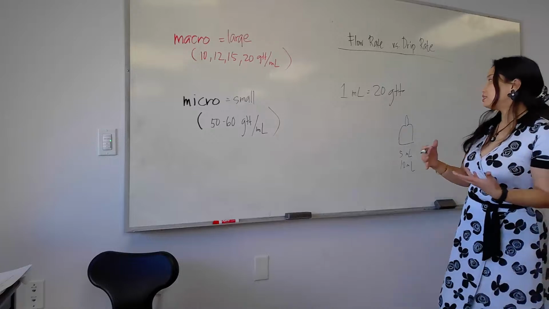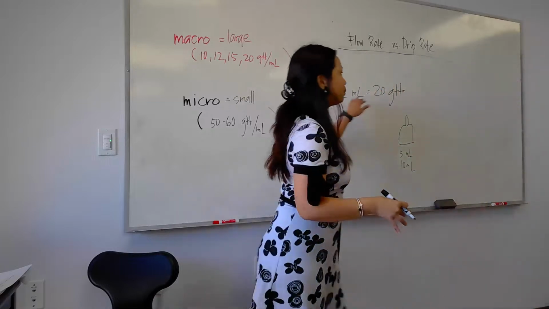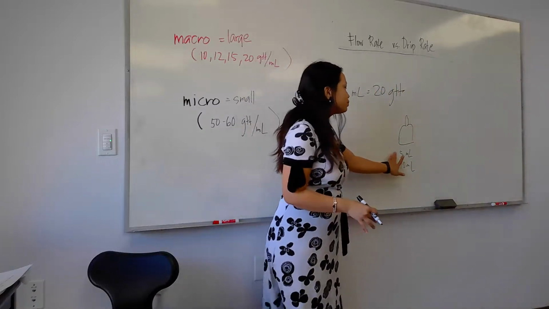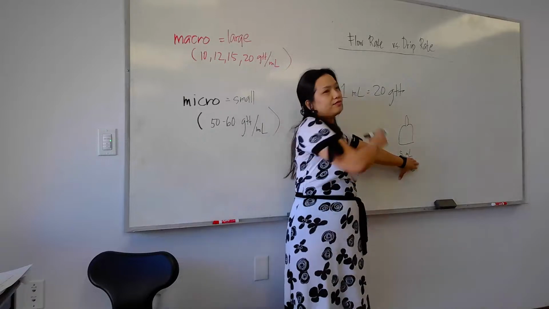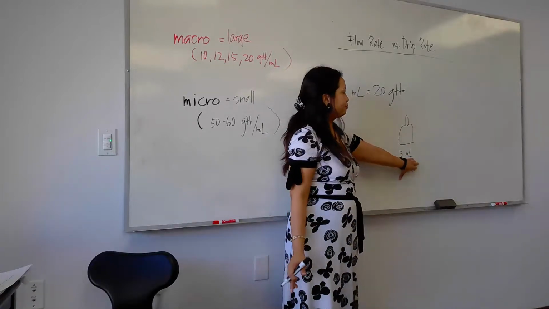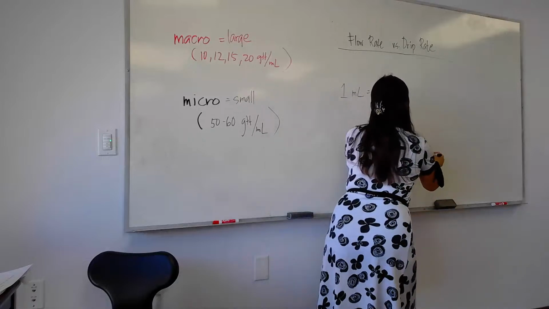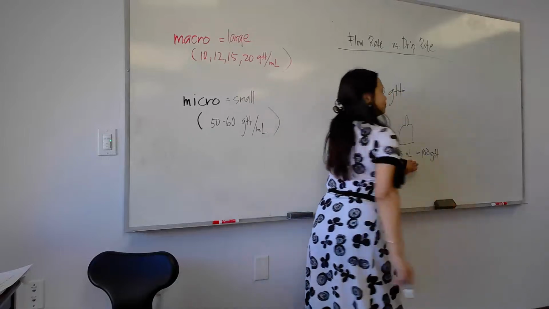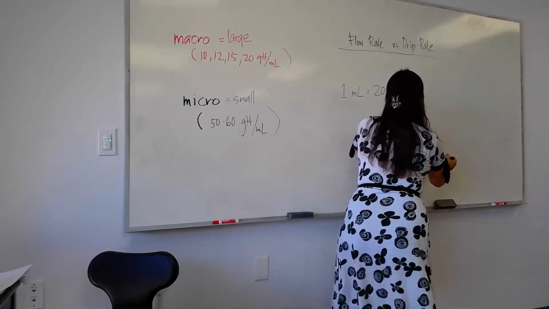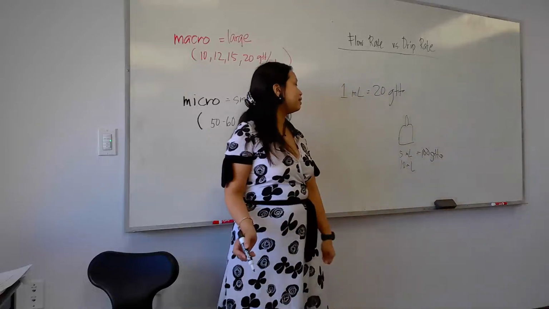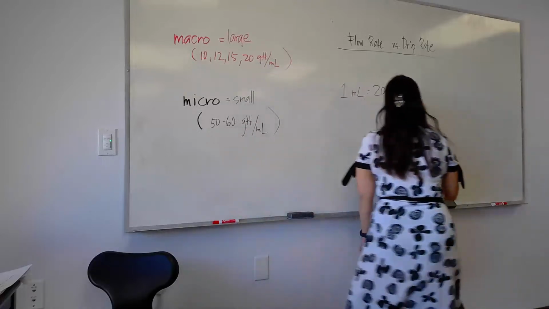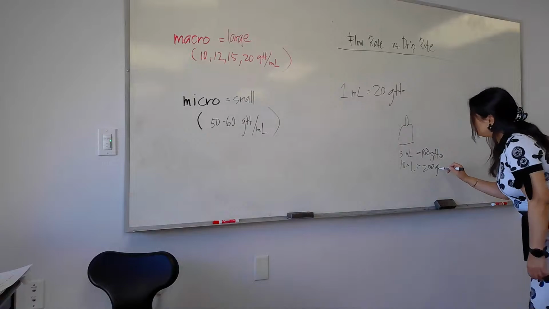So if you are to calculate day supply, this is important. So how many drops will there be for a 5 ml bottle if this is your conversion? How many drops? 100. Yes. Okay. And for a 10 ml, 200.